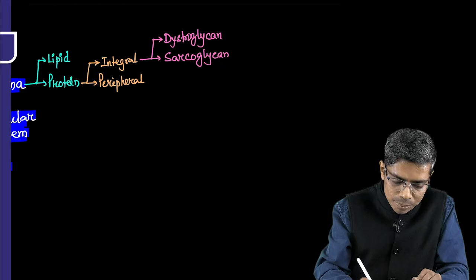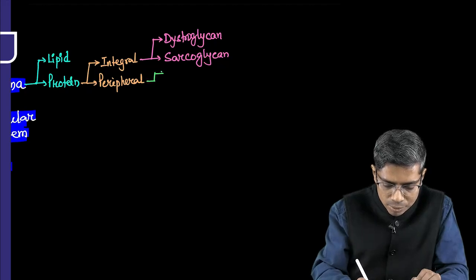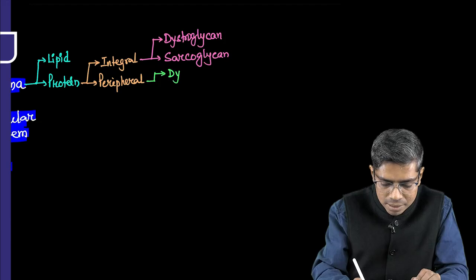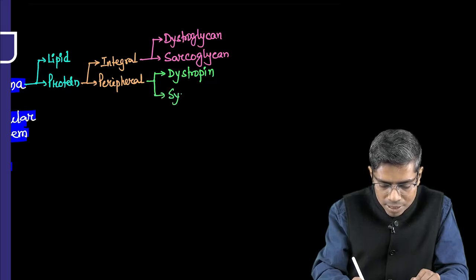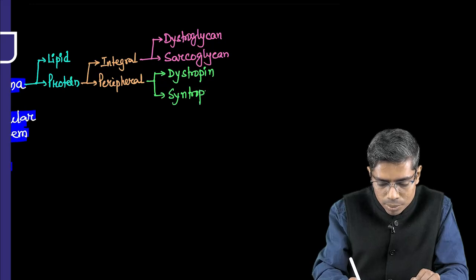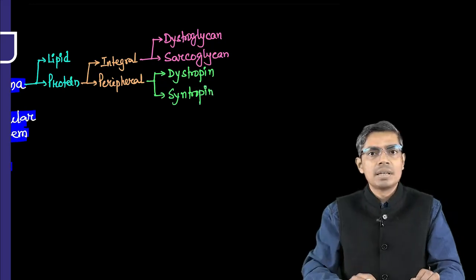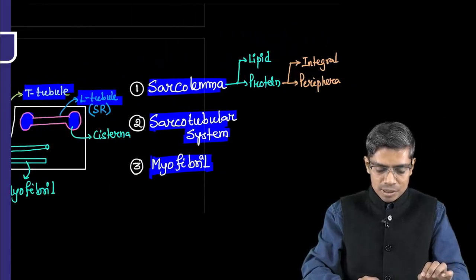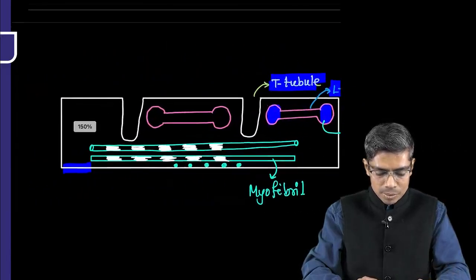And for the peripheral membrane proteins, again two special proteins we have to remember, that is dystrophin and syntrophin. Please don't forget these names because MCQs are already asking about these proteins.